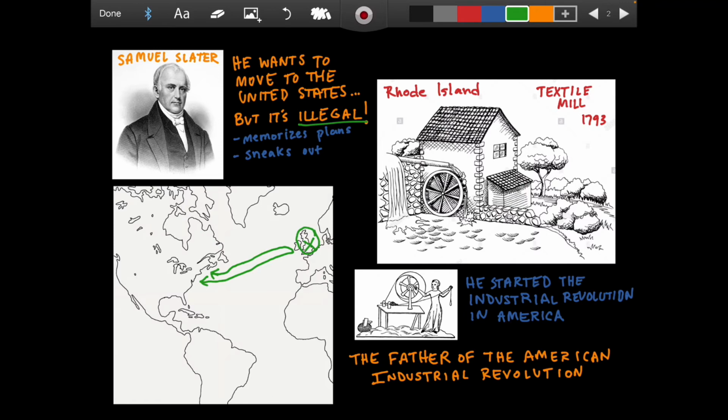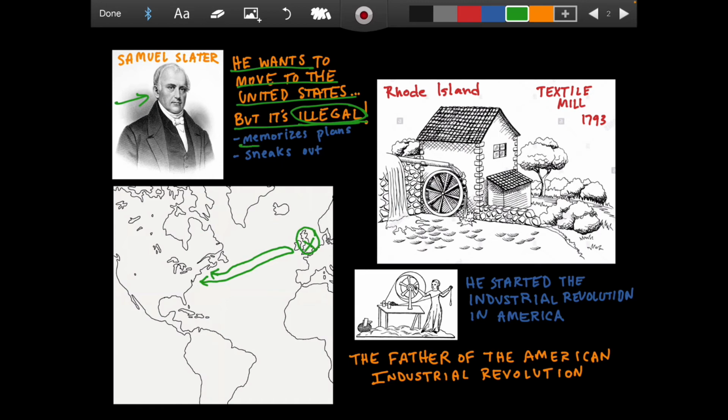They've also made it illegal for people like Samuel Slater, who understands the textile business, to leave and go to another country. So even though he wants to move to the United States, it's actually illegal for him to do that. So he knows he won't be able to get the plans out of the country without anybody noticing.